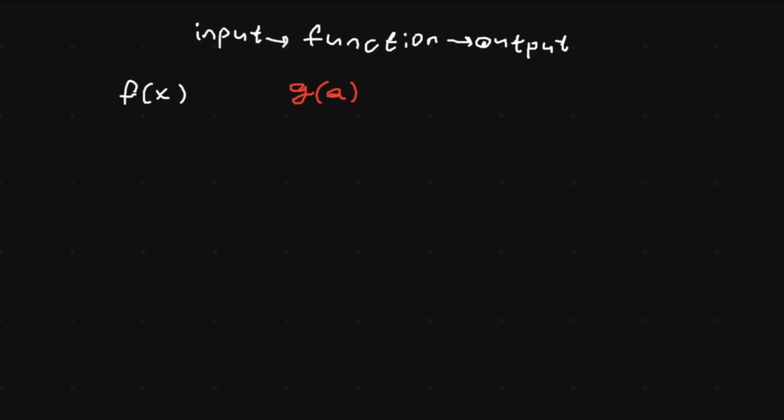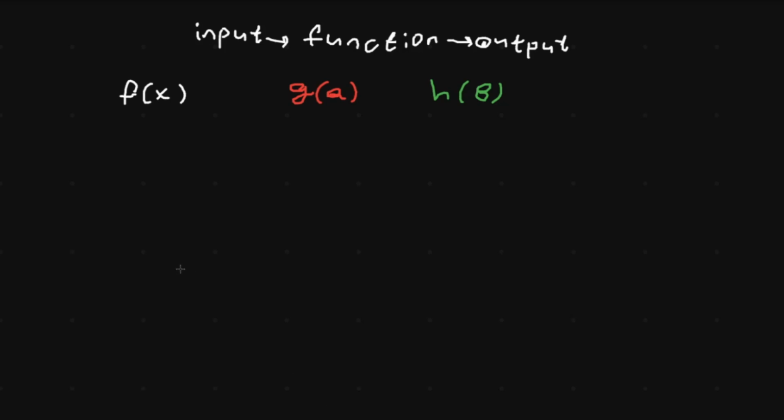We can also use h instead of f or g, and b instead of x or a, and this will also work. It's the same. All of them are functions, just written in different symbols.